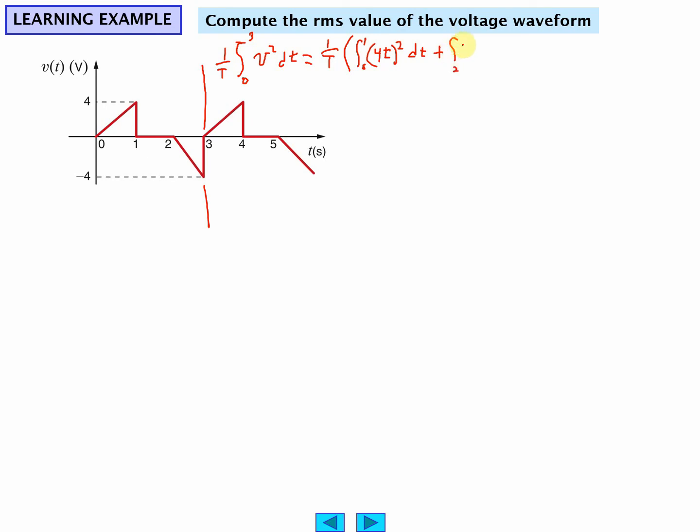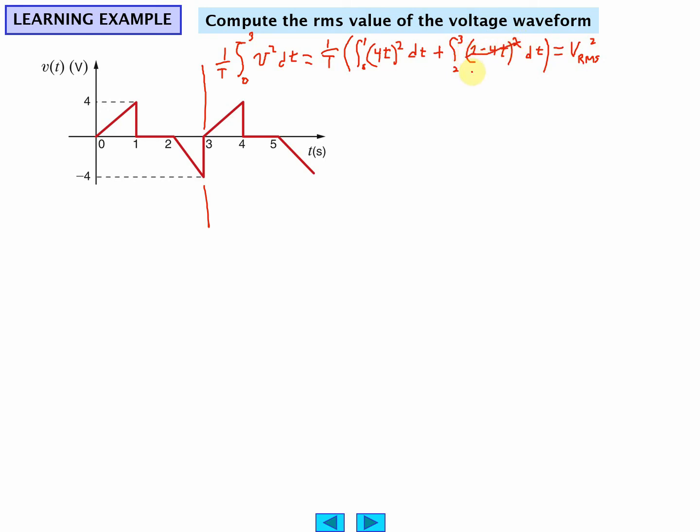Now we're starting at 2, so the voltage is... I've got a problem with this one.